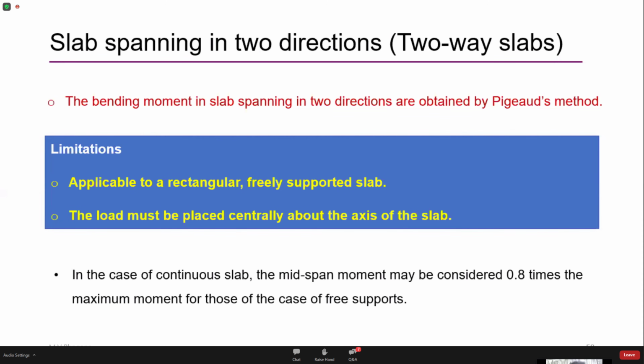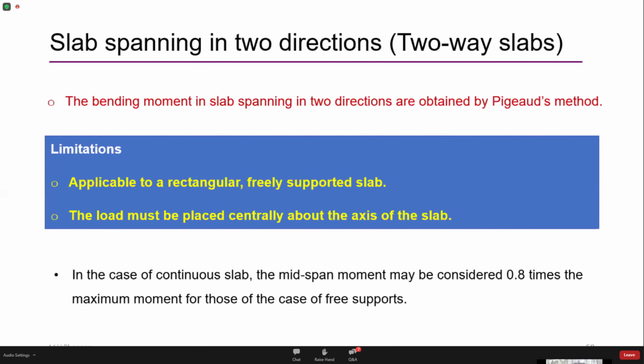So please understand the limitations of this method: the slab has to be rectangular and the load has to be placed symmetrically about the axis of the slab. But when we speak of, for example, a T-beam deck slab bridge, there we don't have the condition of freely supported slabs. There the slabs are continuous and they are held down.